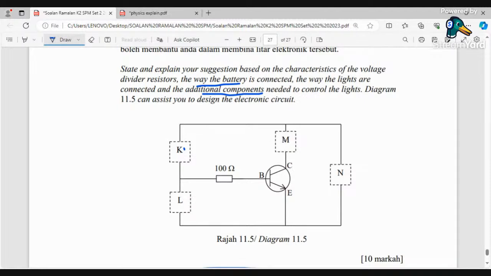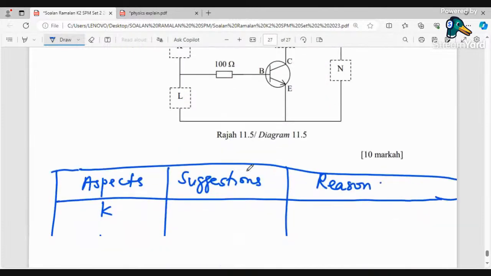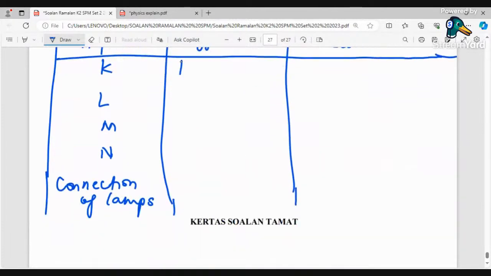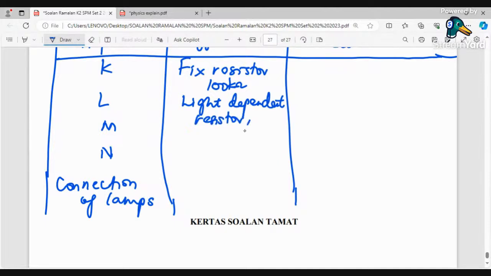The lamp. The lamp. Kalau kita guna high power lamp, you must add in a relay switch. Okay, jadi K tu adalah fixed resistor. 100 ohm, kilo ohm. Okay, kalau L itu ialah light dependent resistor, ataupun LDR.